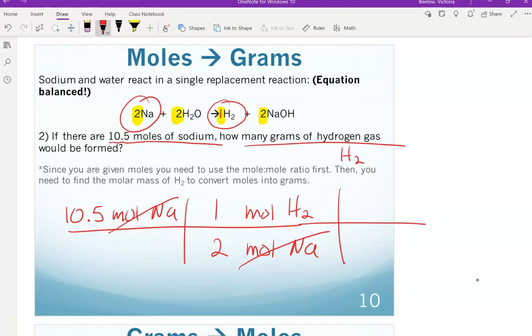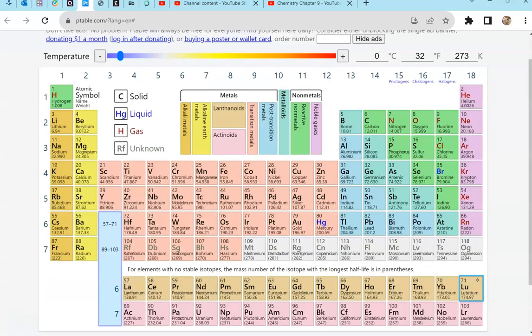However, I need the answer in grams, so I'm going to have to find the molar mass of hydrogen gas, which is H2. So molar mass always states 1 mole is equal to the number of grams, which is calculated from the periodic table. We get that number from the periodic table.